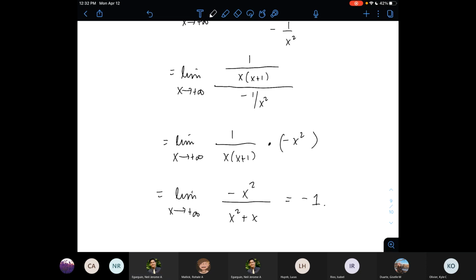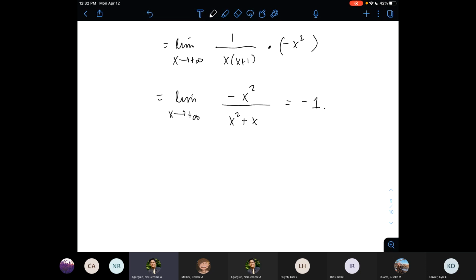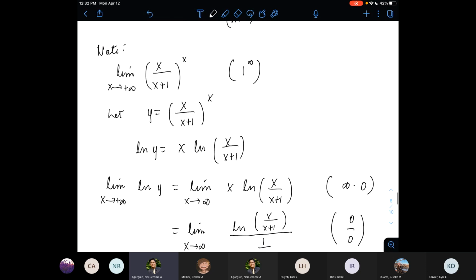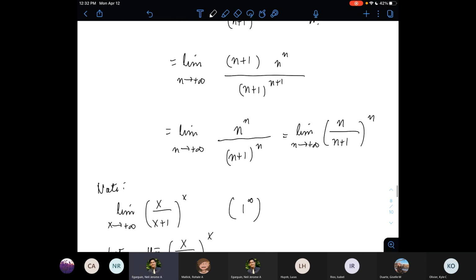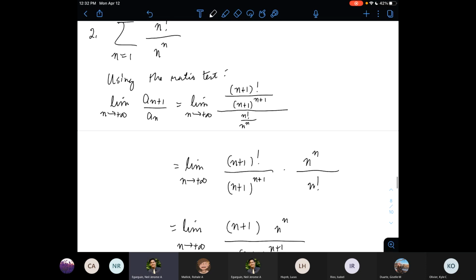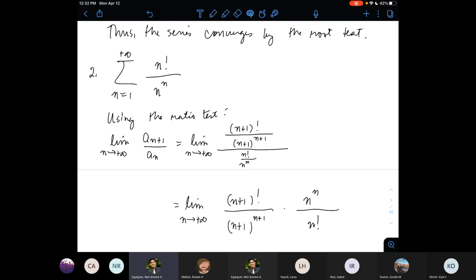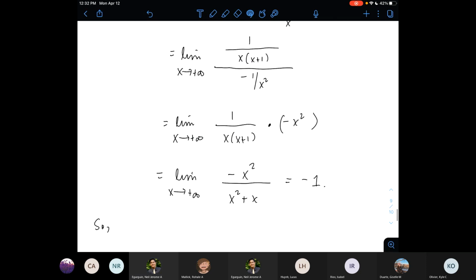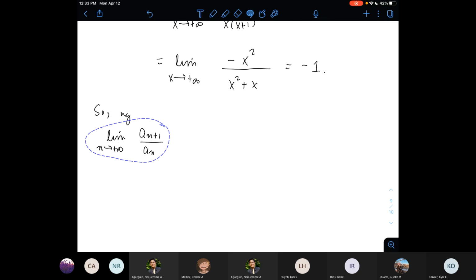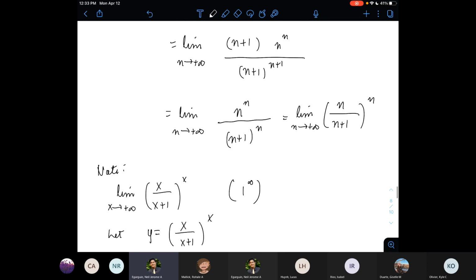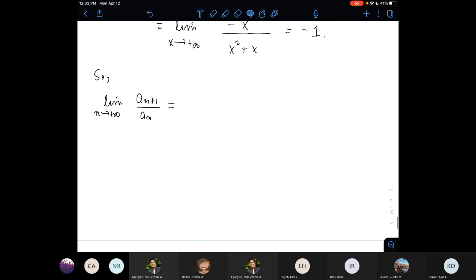All right. So therefore, what we found out here is that the limit that we are computing, what was that limit? We started with this guy. And we said this is equal to this limit. Okay, which is equal to e to the negative 1, right?